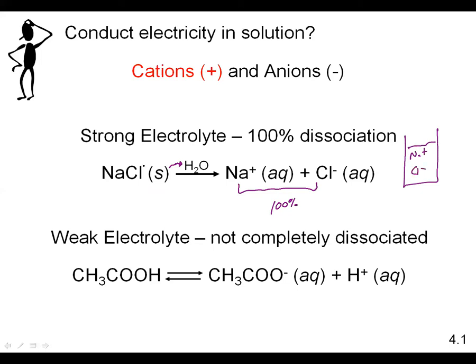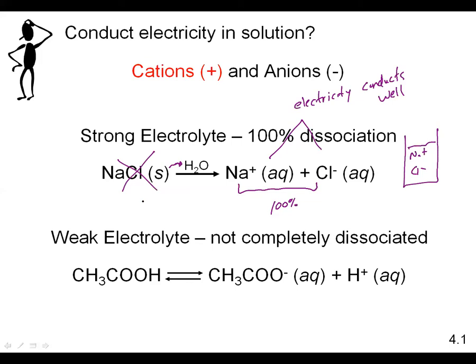You would have none of the sodium chloride units still together. And because it 100% breaks apart into ions, it conducts electricity very well. Kind of that bright light bulb.